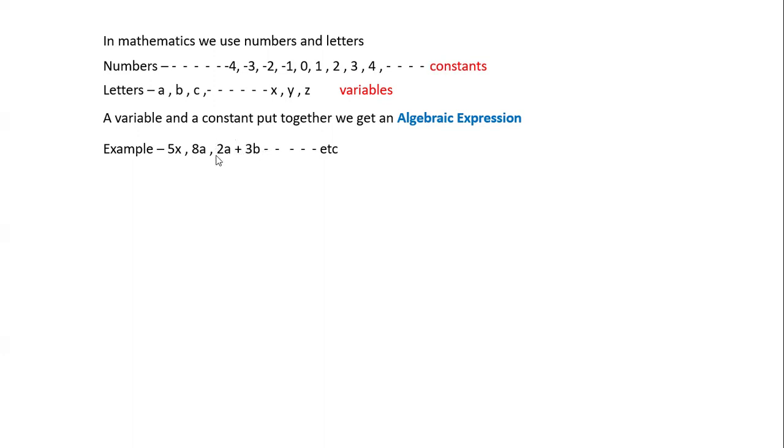This becomes a full expression and we call it an algebraic expression. So this is how an algebraic expression will look.